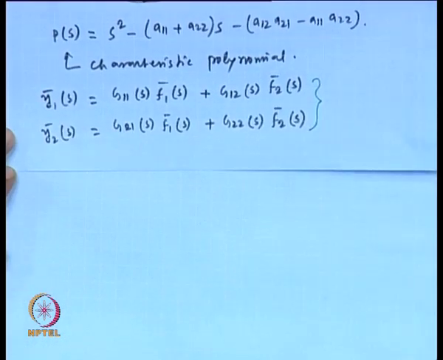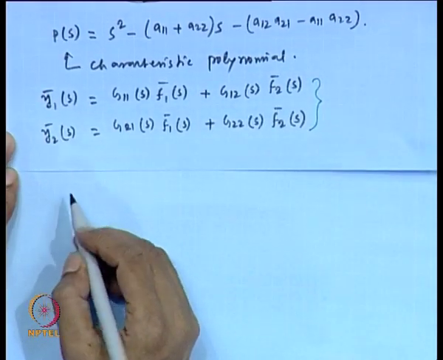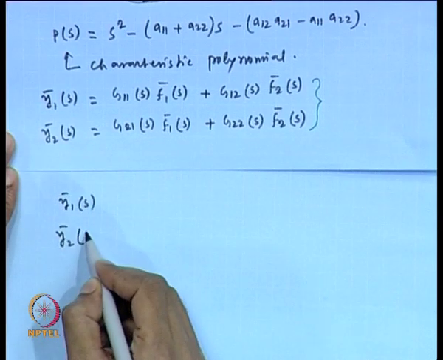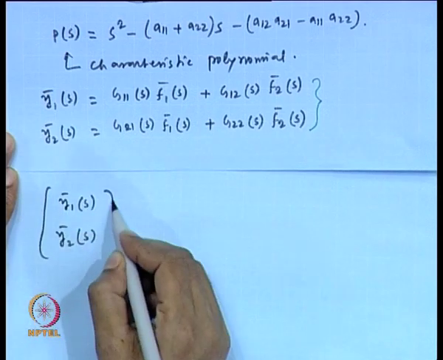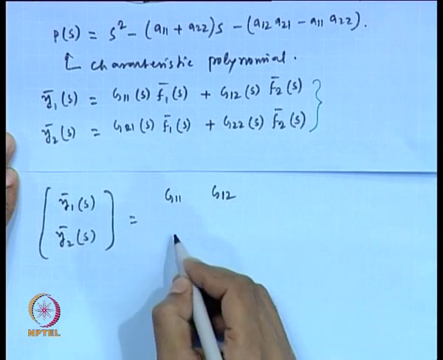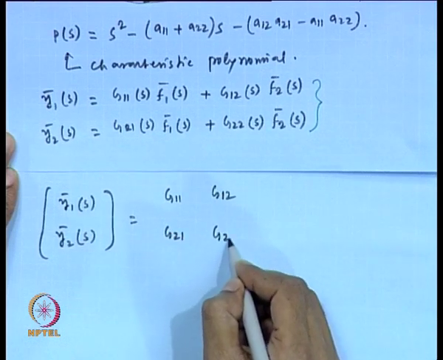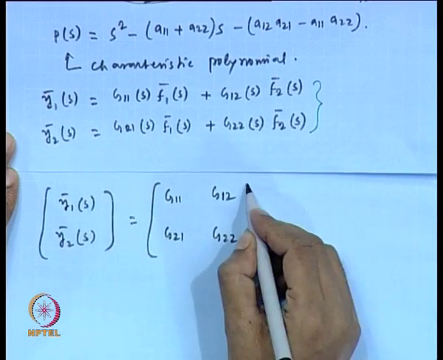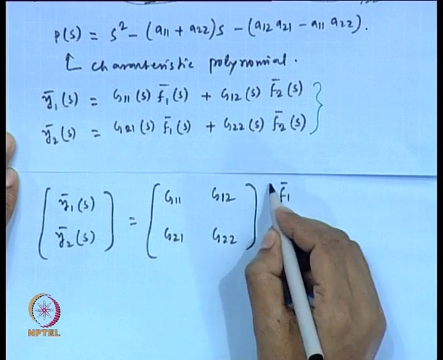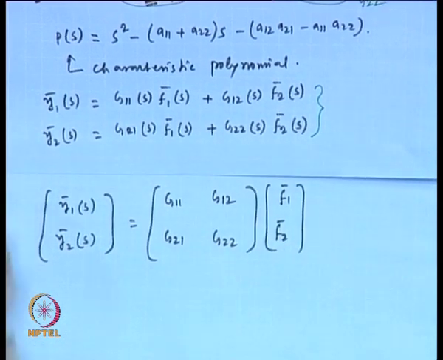So, y1 bar s, y2 bar s equal to the matrix g11, g12, g21, g22, multiplied by another matrix for the 2 input variables f1 and f2. Fine. So, this is about the derivation of transfer function for the MIMO system.